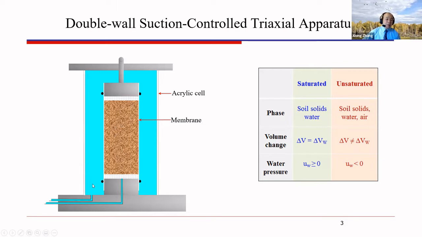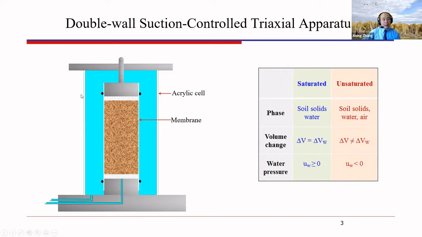So maybe we can measure the amount of water between the soil and the inner cell, so that we can measure the amount of water flowing in or out of the cell to get the volume change for unsaturated soils. The idea is simple and straightforward, but it's not working.